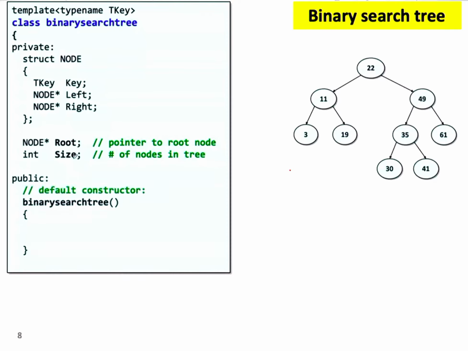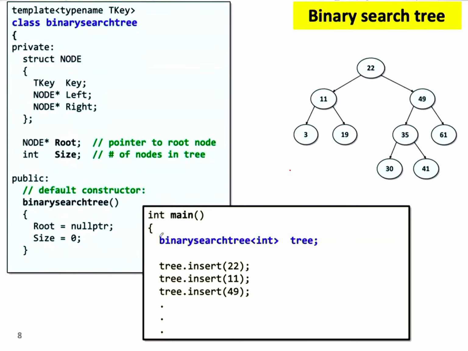And then in your public members, you've got the default constructor, which is the binary search tree constructor, and then you set your root pointer to null and the size to 0. So when you execute this line right here, you're creating a binary search tree of type integer and the variable named tree.